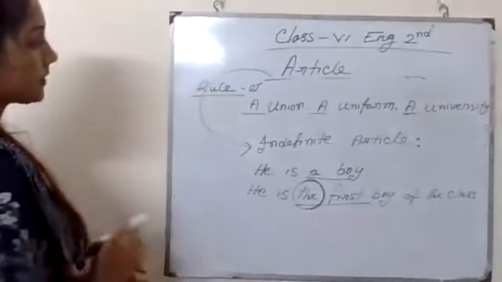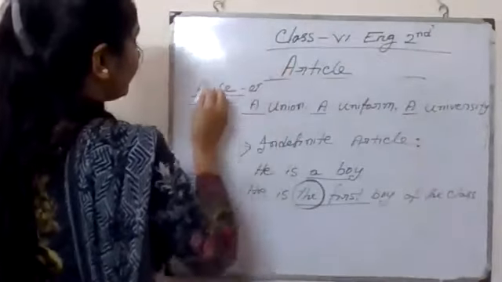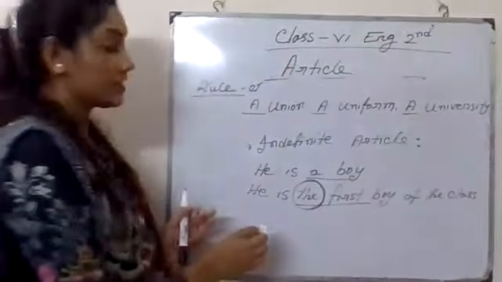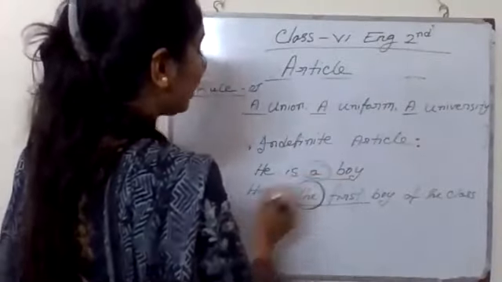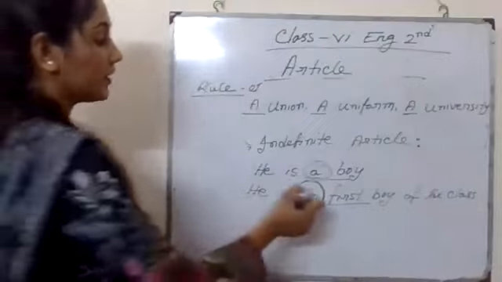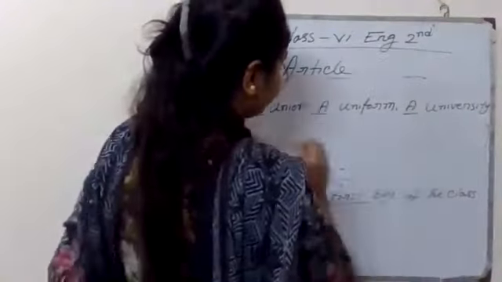Now we have well understood what definite and indefinite articles are. He is a boy, that is called indefinite, and the is called definite article.